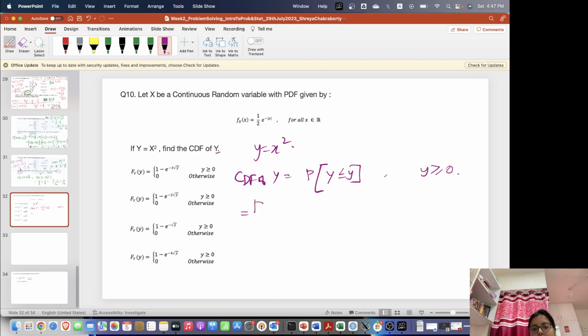So this we can write as probability x square less than equal to y, which is equal to probability x less than equal to root y.